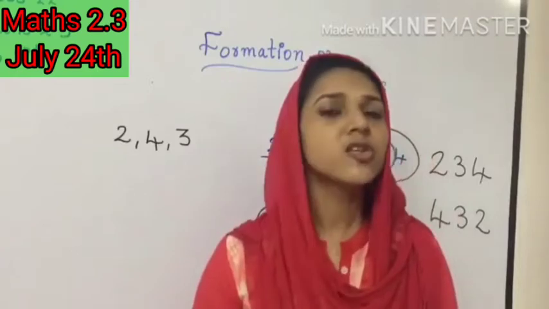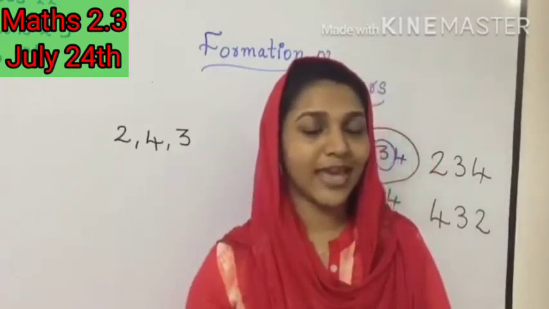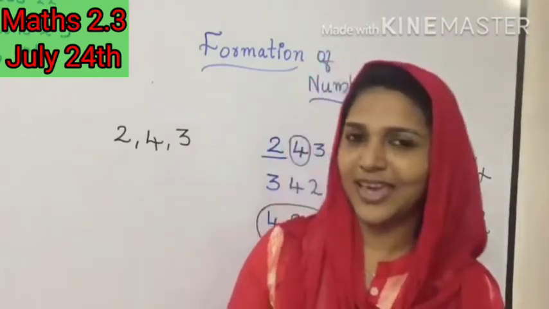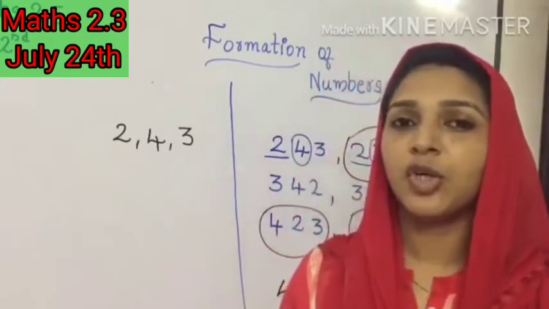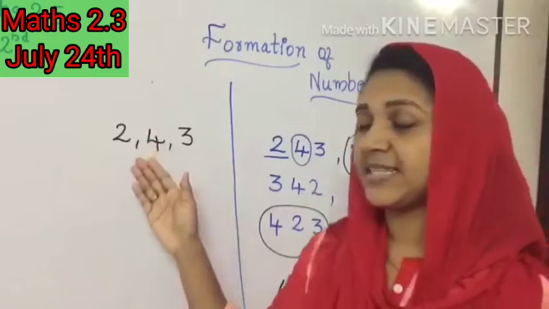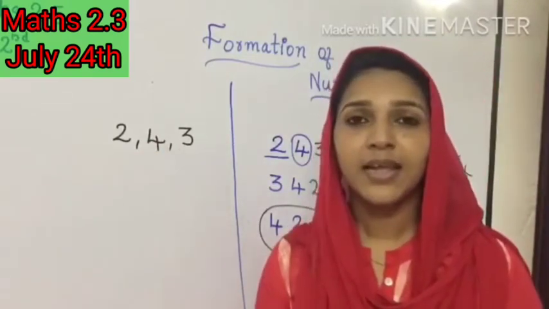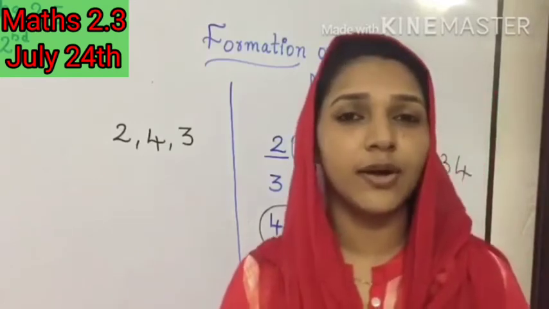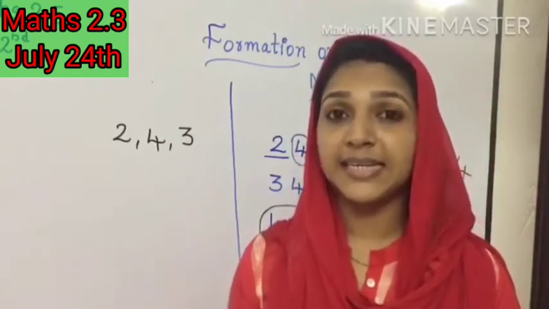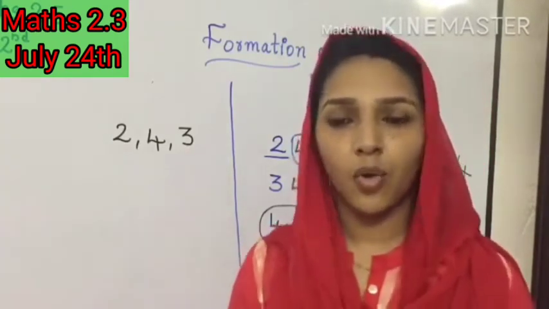So, there is a small trick. Okay. I will teach you it. To form the greatest number, we have to arrange the given digits in descending order. Do you know what is descending order? That is decreasing order.